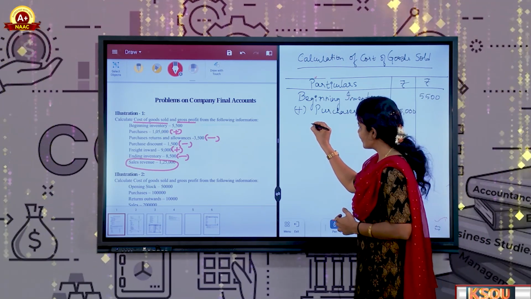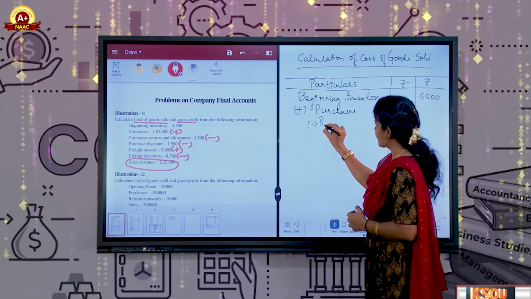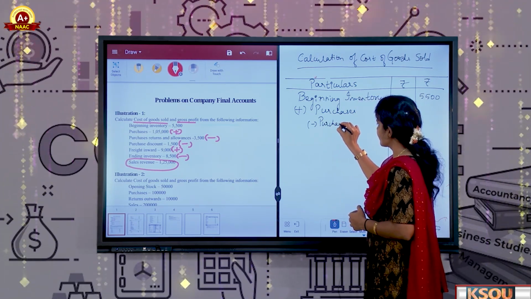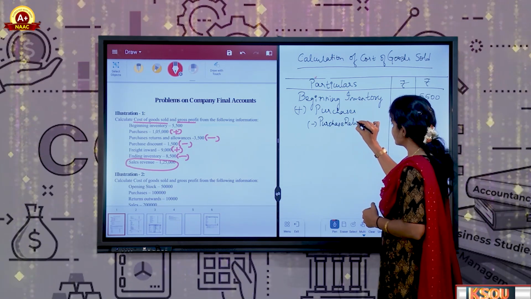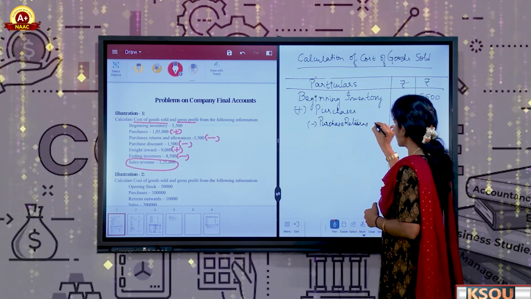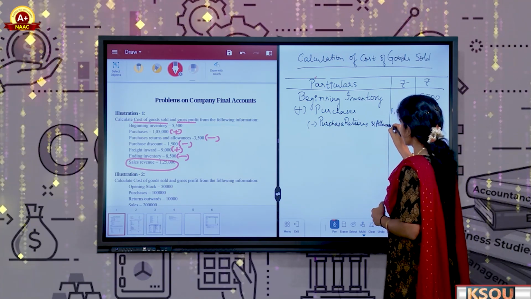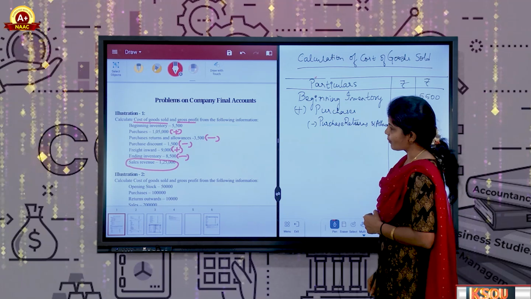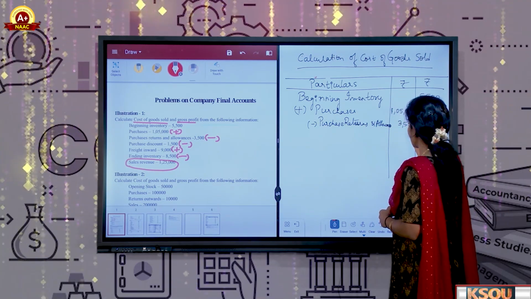So for this, we can deduct purchase returns and allowances. What is the amount of purchase return and allowances? It is 3,500.